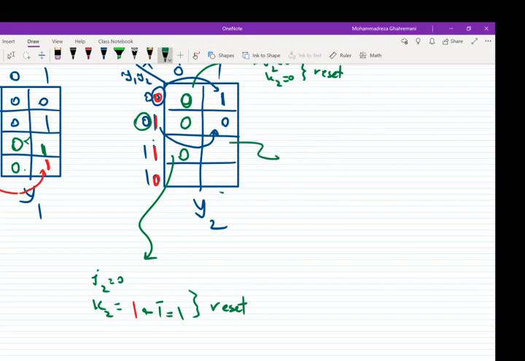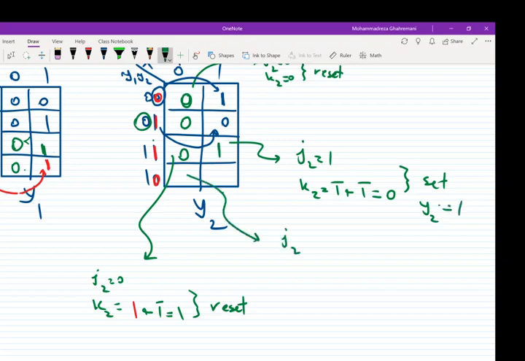For this cell, J2 is 1, K2 is 1 bar plus Y1 bar, which is 0. Okay, so 1 0 means set, so Y2 should be equal to 1. For this cell, J2 is 0, K2 is X bar, which is 1, plus any value will be equal to 1, so it means reset.